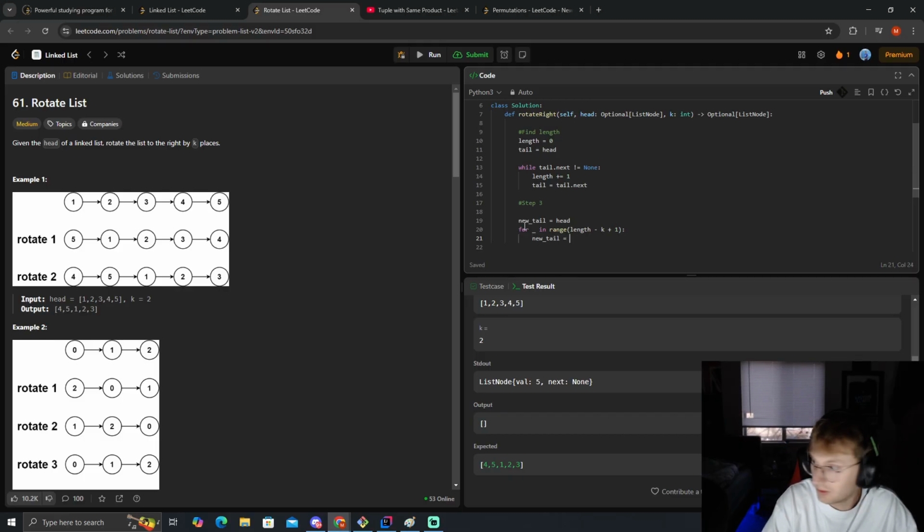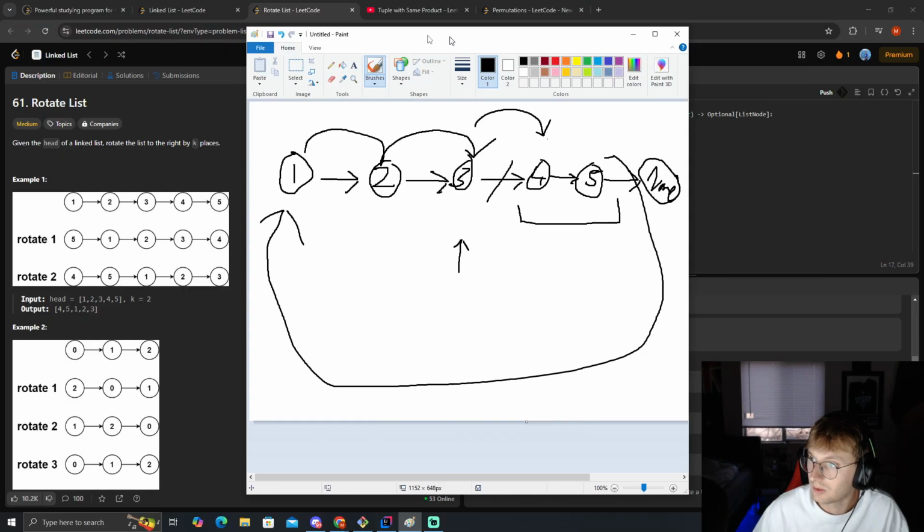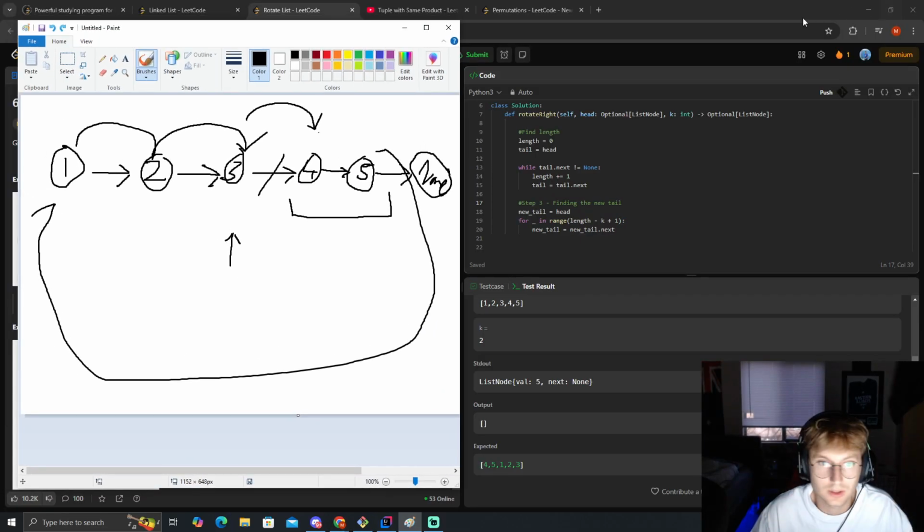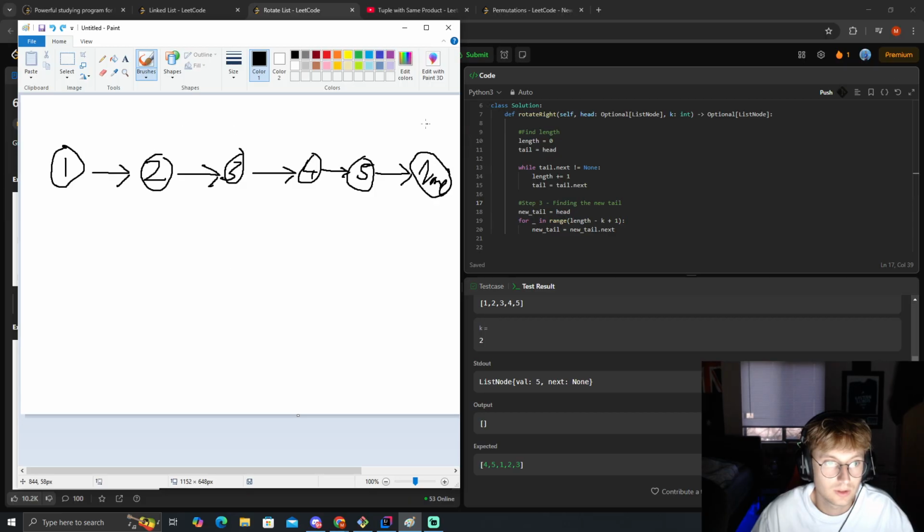New tail is equal to new tail dot next. So what are we doing here? We're finding the new tail, right? This is where we're going to cut, right? So in this case, our new tail here would be the length.